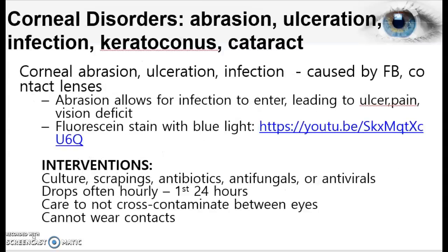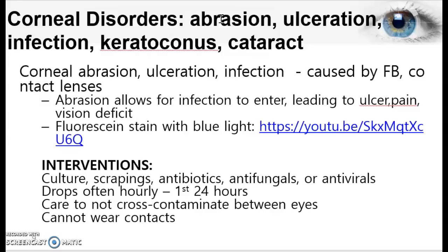Other things that can happen, you can have disorders of the cornea, which is the outward layer of the eye. You can have abrasions, then that creates an ulceration. The ulceration opens up the tissue, then it's a portal for infection.